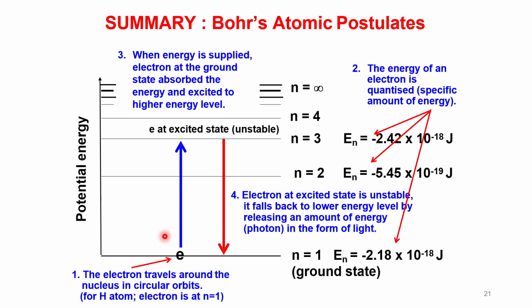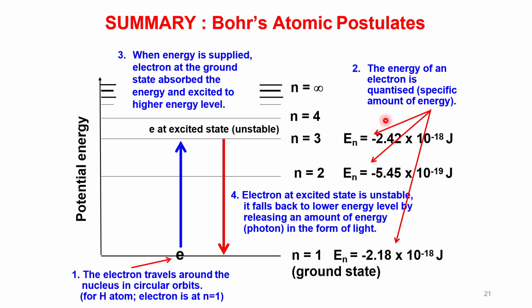So for Bohr atomic postulate, remember we have 4 postulates for Bohr. Okay, the first one, the electron move in circular orbit. Okay, yang ini yang tidak dapat di-explain oleh Rutherford. Okay, so untuk hydrogen atom, kita belajar untuk hydrogen atom saja because elektron untuk hydrogen ada satu. So kita akan refer to the movement of this one electron around the orbit.